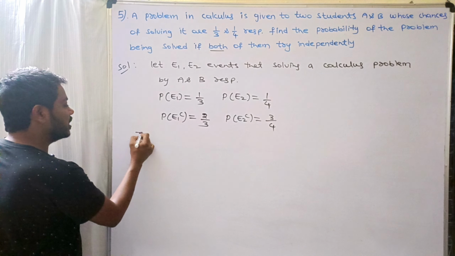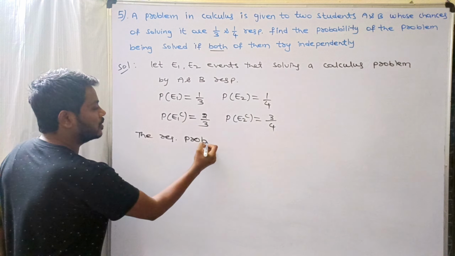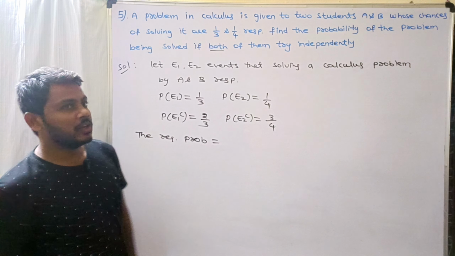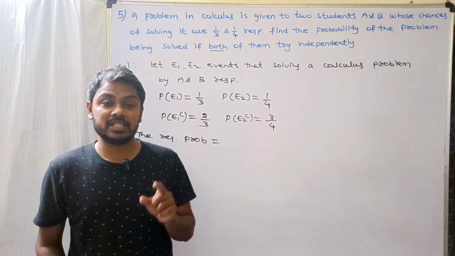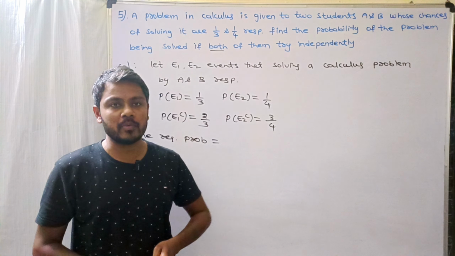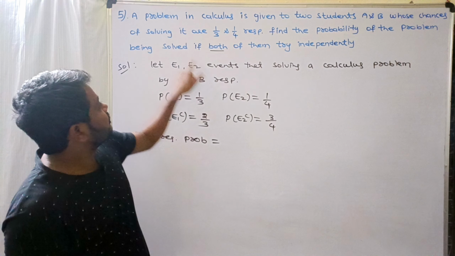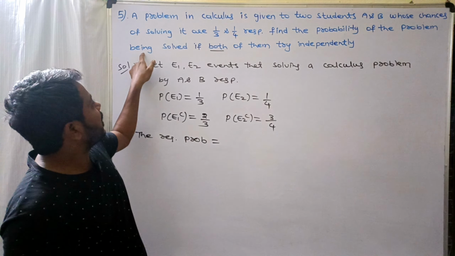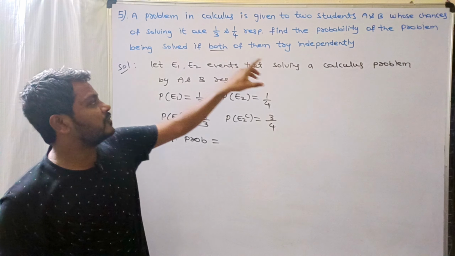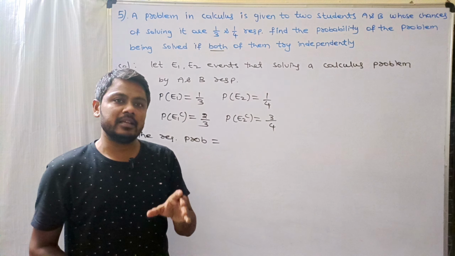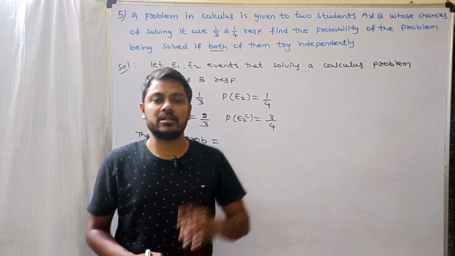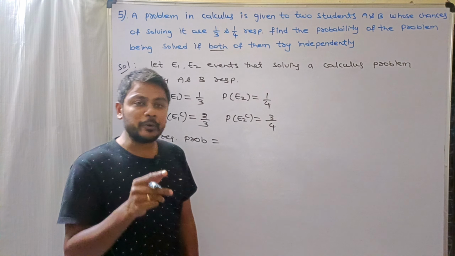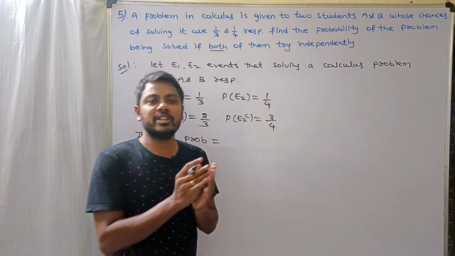So therefore the required probability is equal to, we know that the sum of all the probabilities is always 1, that is the total value of the probability. Here, a problem being solved, both of them trying independently. A may solve, or B may solve, or A and B both may solve. From the total, we remove none of them solving the problem.